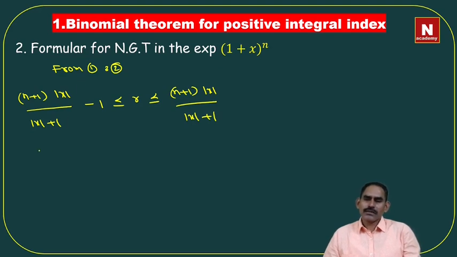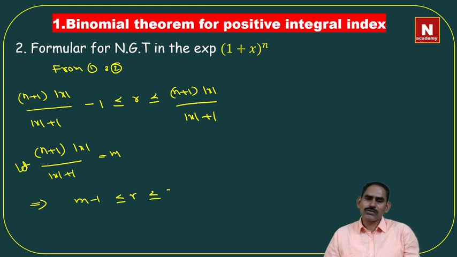Let us take (n plus 1) into modulus of x by (modulus of x plus 1) equal to some m. That implies m minus 1 is less than or equal to r, which is less than or equal to m. Note this point.